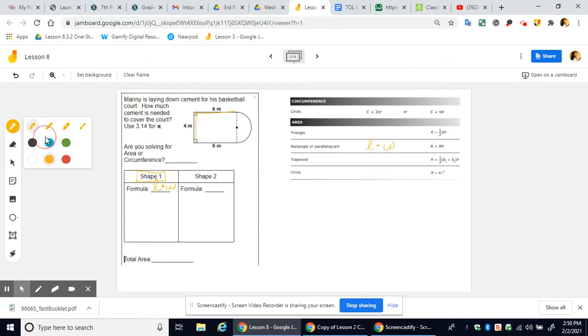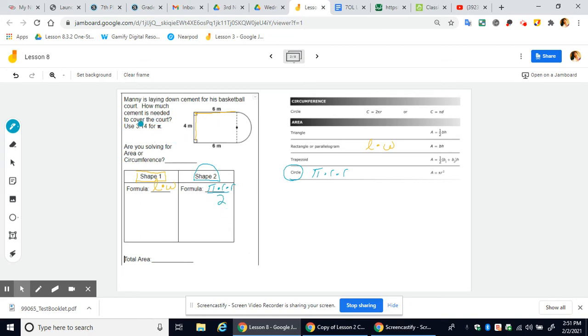My second shape is a half of a circle, okay? So I know that's dealing with area of a circle, pi times r times r. So I'm going to go ahead and write pi times r, but I'm going to divide that by 2, okay?